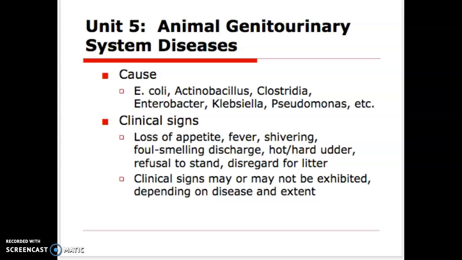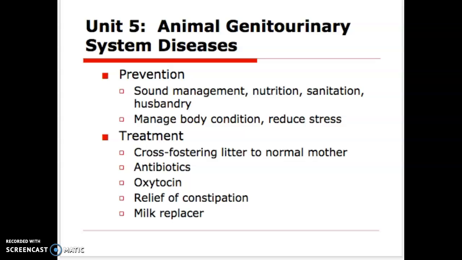Clinical symptoms in swine are appetite loss, fever, foul-smelling discharge. You'll see one of the mammary glands is hot or hard. They maybe won't stand or disregard their litter they're supposed to be nursing. They may exhibit some or all of those symptoms, or just a couple, dependent upon the disease extent.